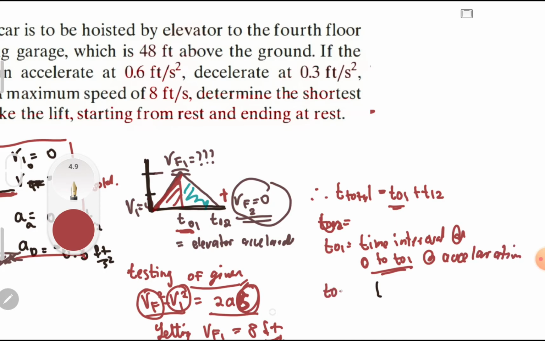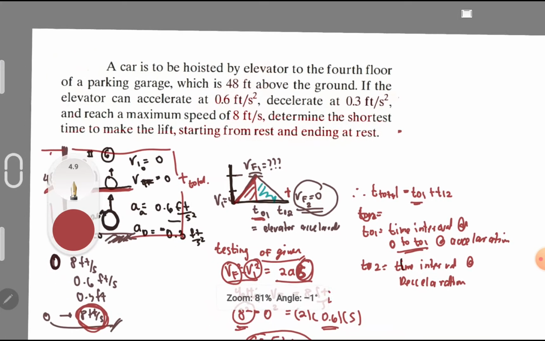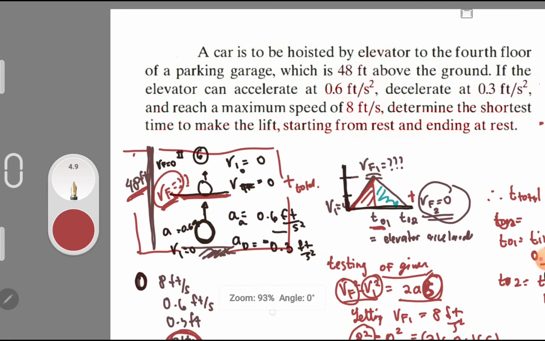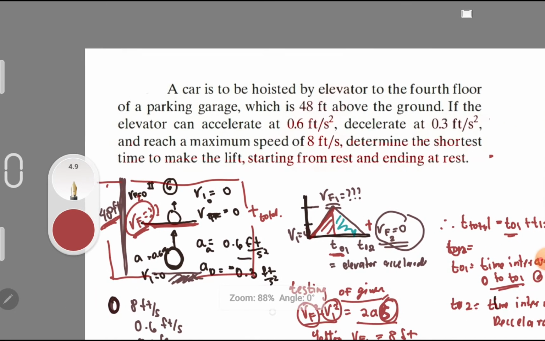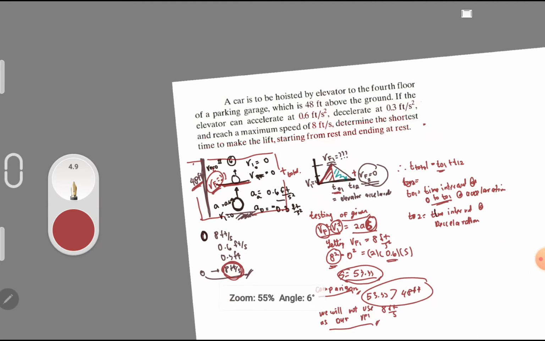And then yung T12 natin is the time interval at deceleration pag magre-rest na yung body natin. Take note that our VF2 or your VF final is 0 from the words starting from rest and ending at rest. Yan yung mga clues natin.